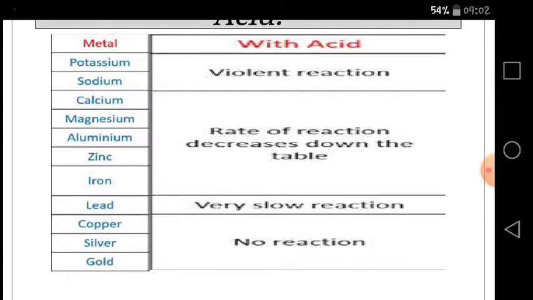You can see copper is having no reaction, lead very slow reaction, iron and zinc they have moderate reaction, and then when we are moving up, the aluminium, magnesium, sodium and potassium, the reactivity of the metals is increasing with the HCl. On the basis of this we can formulate this table, and this table is matching with the reactivity series which I have discussed with you earlier.